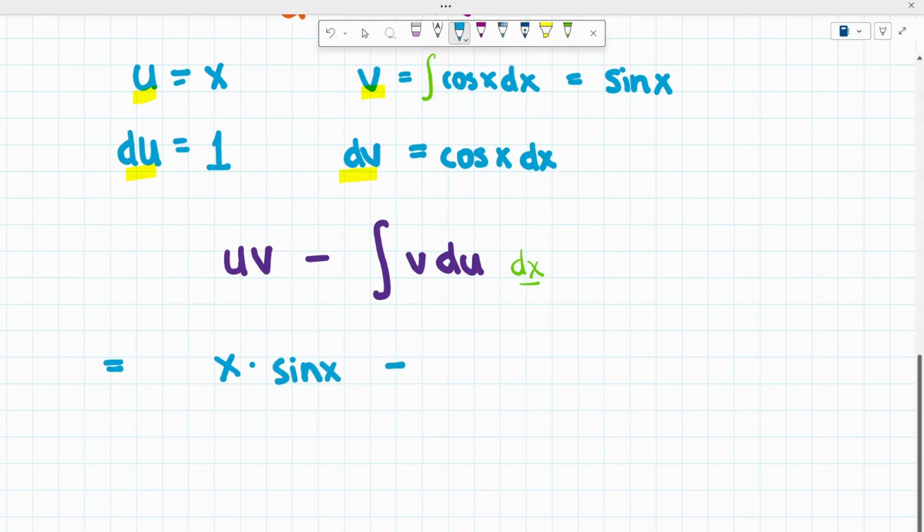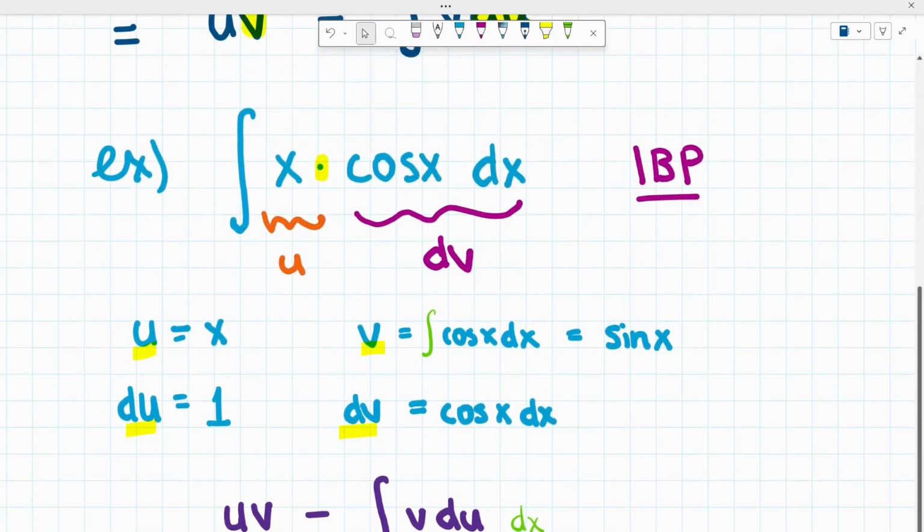And then now we take minus the integral of v, which is sine x, and then multiplied by du, which is simply 1. And then remember that we're still integrating this function with respect to dx. Okay, so now we've taken an integral that had a multiplication.